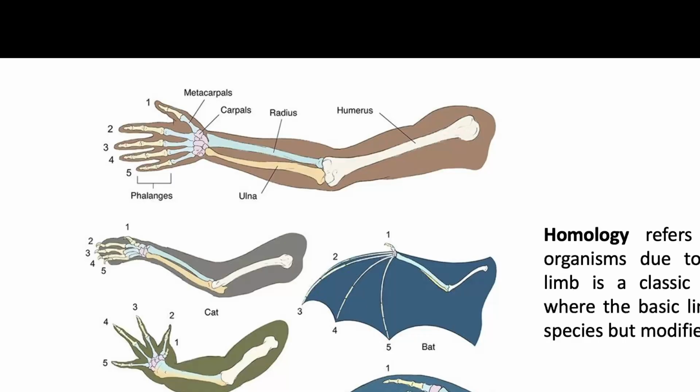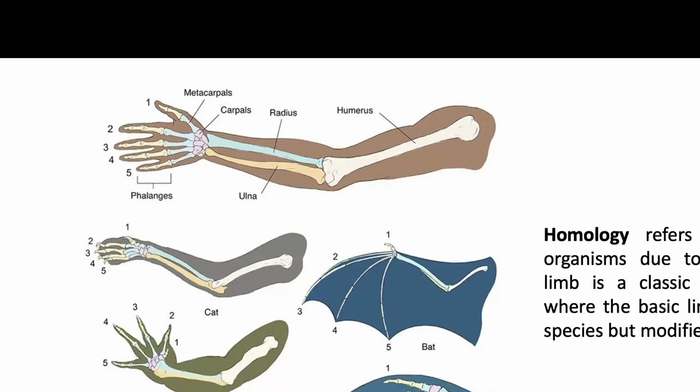And why does this happen? Due to common ancestry. So there was a common ancestor in the evolutionary period which then diverged into two different animals. Now both of these animals have similar structures, but they are two different organisms. That is known as homology. So between these two organisms, there is homology.